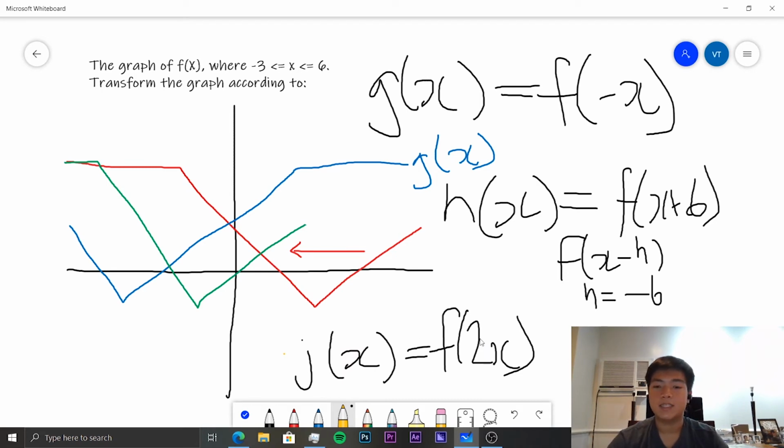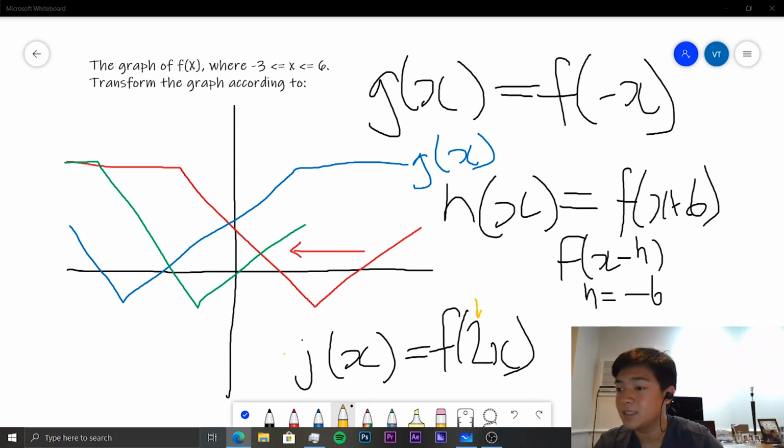Remember, f of 2x, if the number is inside the brackets, this represents a stretch or compression along the horizontal axis, and so we would stretch this accordingly.